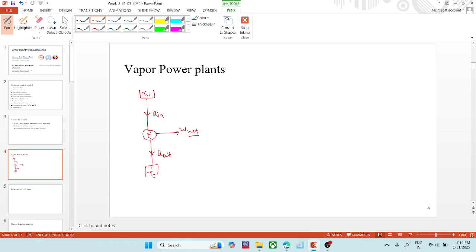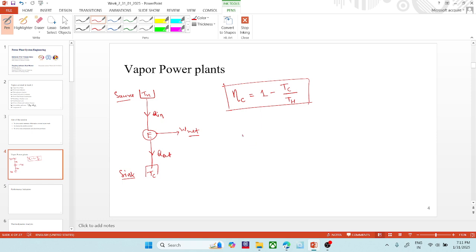As we learned in the last class, the Carnot efficiency is 1 minus the sink temperature divided by the source temperature, where the source is at the higher temperature: 1 minus TC by TH.